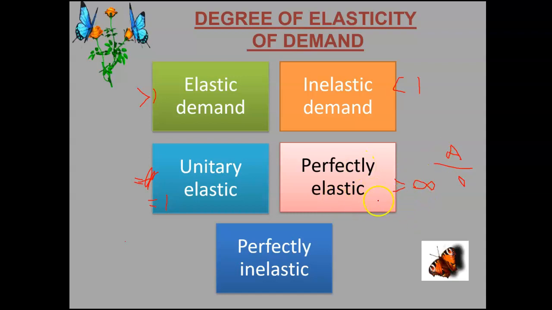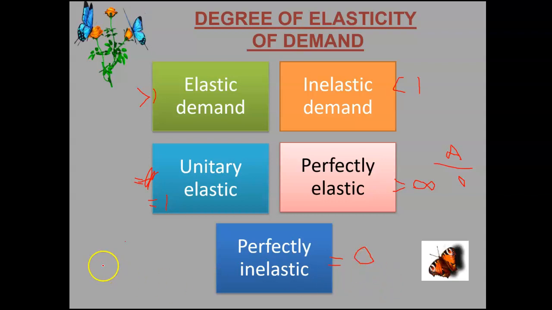Math error maksudnya perfectly elastic. Okay, maksudnya kat sini tiada perubahan dalam harga tetapi orang membuat perubahan yang sangat banyak ataupun perubahan yang sangat sedikit kepada kuantiti.